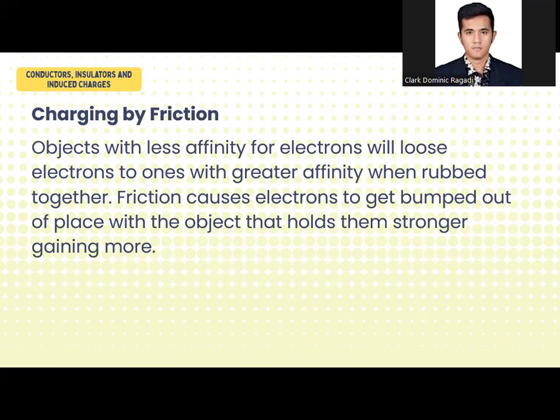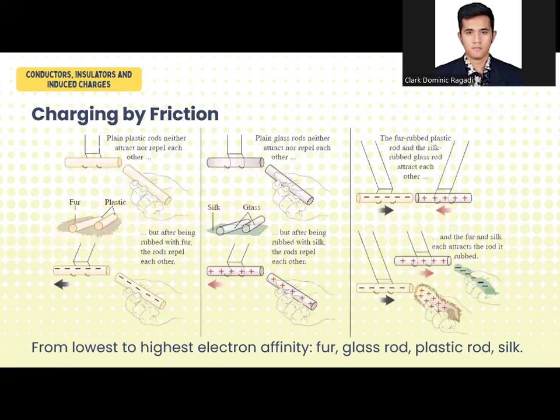So we have here some examples and illustrations. On the right, we have two plastic rods, and then they were being rubbed with fur. At the initial state, when you put together the rods, since they are neutral, they will not attract nor repel each other.